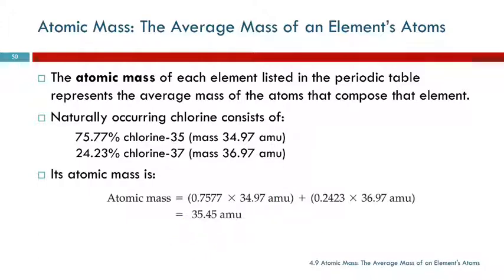That's the average mass of chlorine. There's 2 kinds. One is 34.97, one is 36.97. It's not just a straight average of those 2 numbers, because it's not 50% of each isotope. It's closer to 75-25. So this number, 35.45, is closer to the mass of chlorine 35 because more chlorine atoms are chlorine 35 than chlorine 37. Any questions?